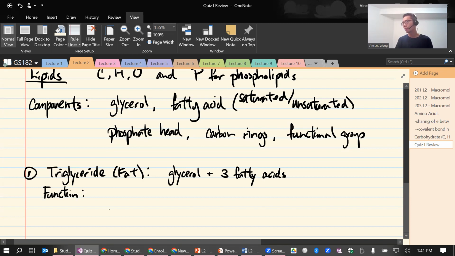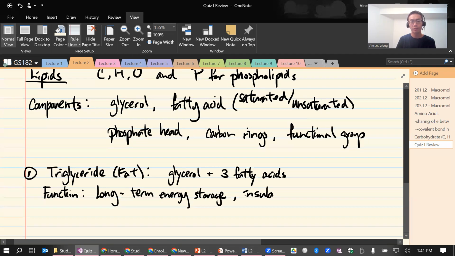What do we need fat for? Long-term energy storage. Insulation for organs, right?